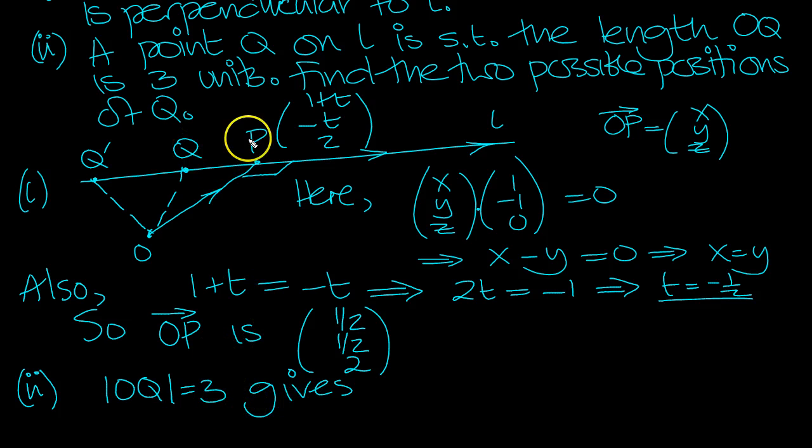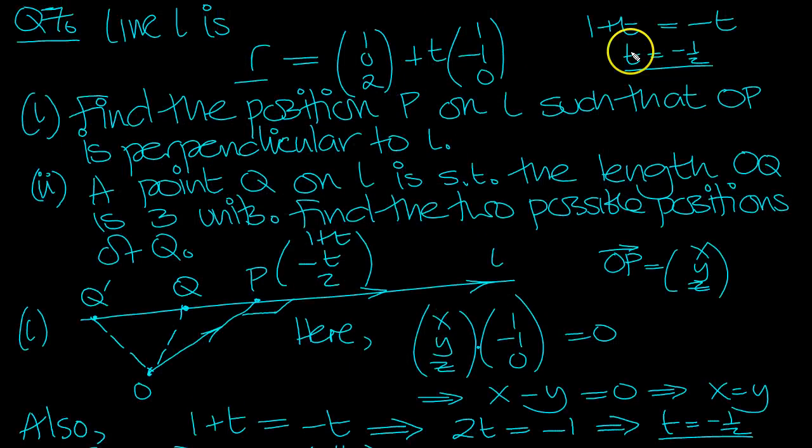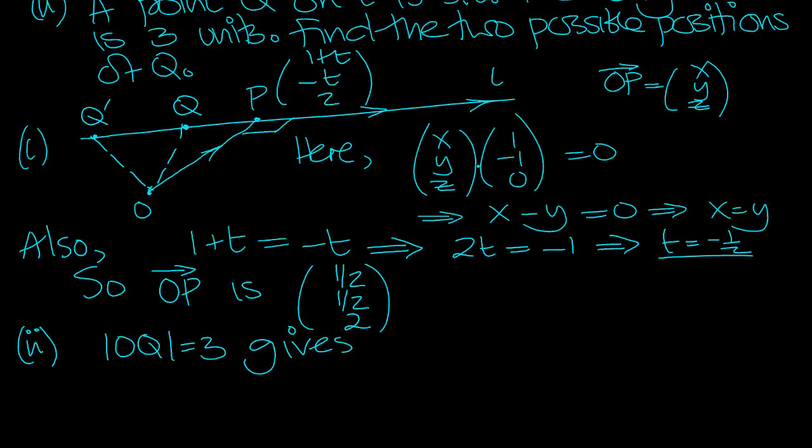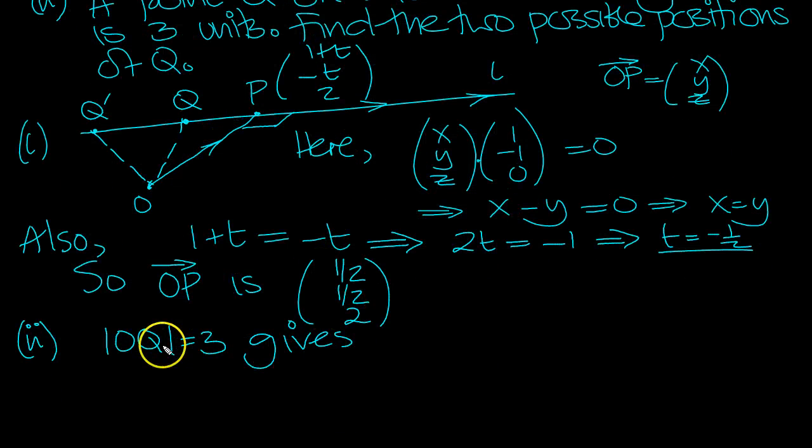So Q lies on L, so we can square both sides here. This modulus squared. So here's the parametric representation of a point on L, I think. Yes, there it is there: 1 plus t, minus t, and 2. So Q, this squared then.